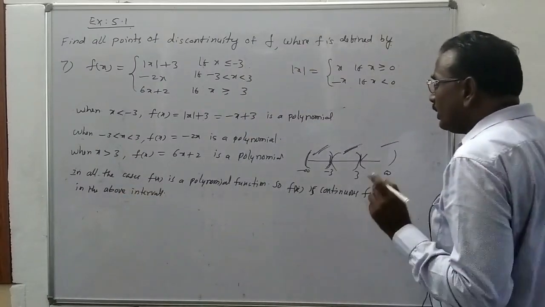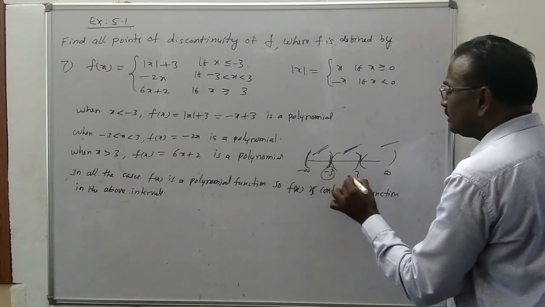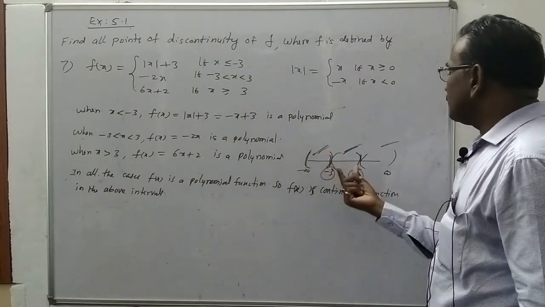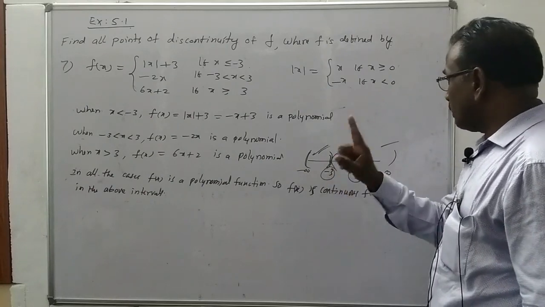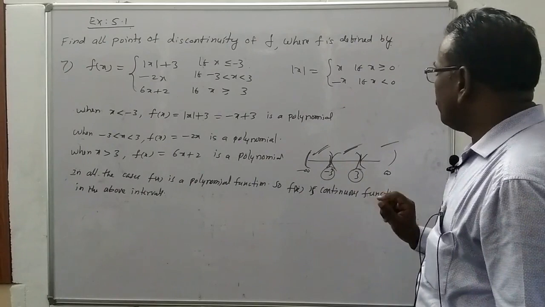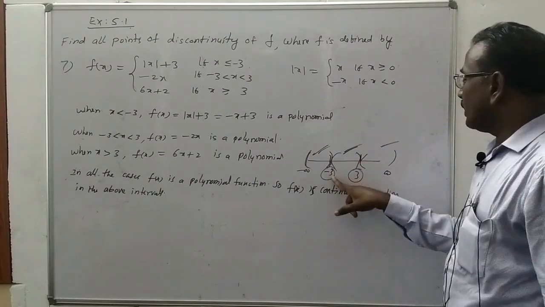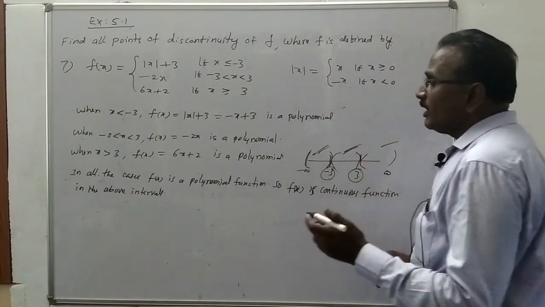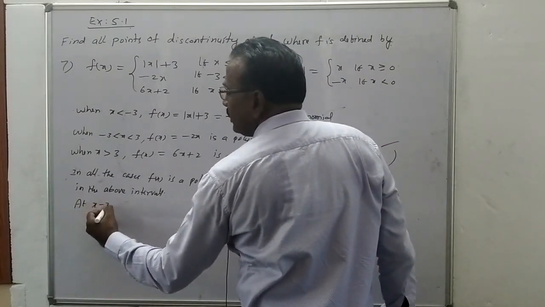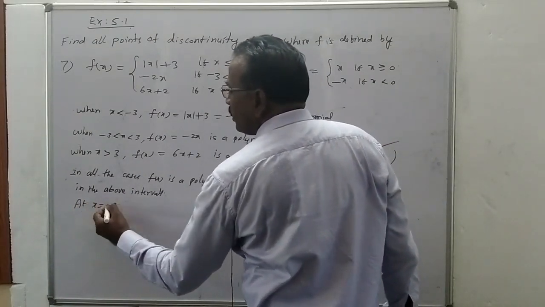So we need to check the continuity at x is equal to minus 3 and at x is equal to 3 only. Between minus 3 and plus 3 it is continuous, between 3 and infinity it is continuous. We have to check the continuity of the function at x is equal to minus 3 and at x is equal to plus 3 only. First, at x is equal to minus 3, is it continuous or not?